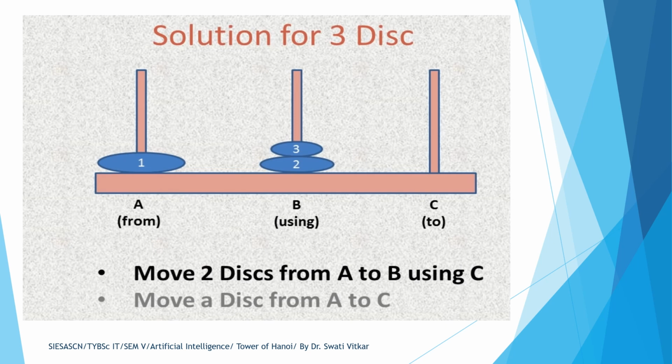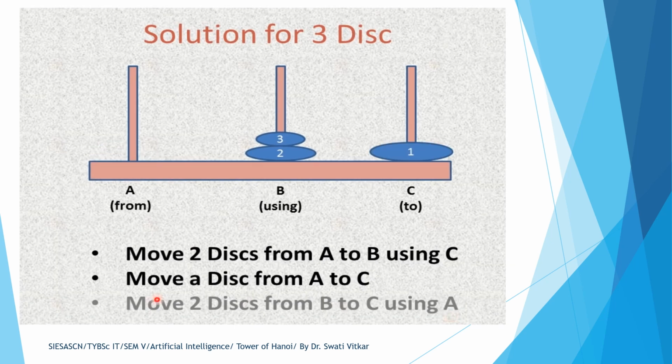And move a disk from A to C now. So now we are moving this disk to C, that is the destination tower, using B. So the intermediate tower is called the using tower. And then as we already know how to transfer these two disks from source to destination, again we are calling the recursive function here.